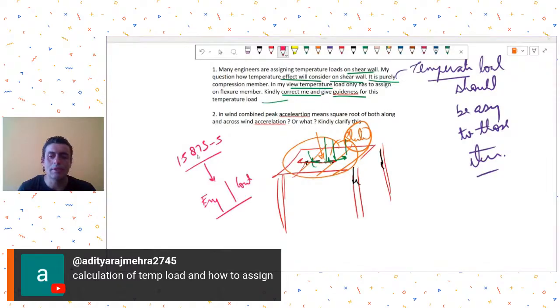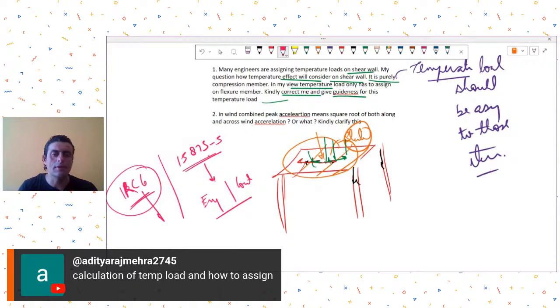And there's one more method given in IRC 6. IRC 6 is a code for road bridges, but still you can have a look at the method that is given. So you go through those methods, and if you have any specific query, then you may ask.